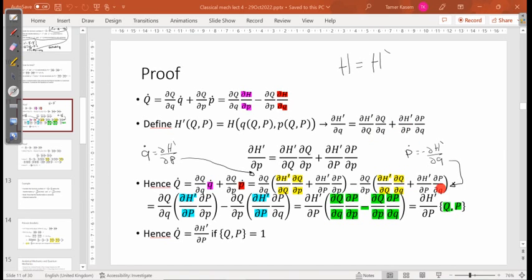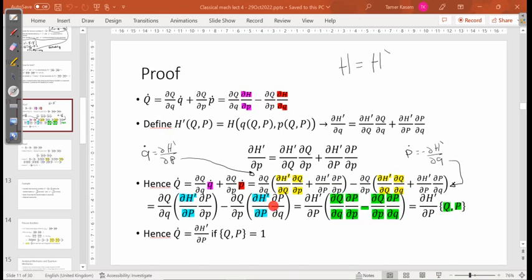So what? You will find that these yellow expressions will cancel out together, because you are having here partial Q capital by partial q small, partial H dash by partial Q capital, and partial H dash by partial Q capital, partial Q capital by partial p small. They are essentially the same term but with negative sign, so they cancel out, and we are left with partial Q capital by partial, with this one and this one.